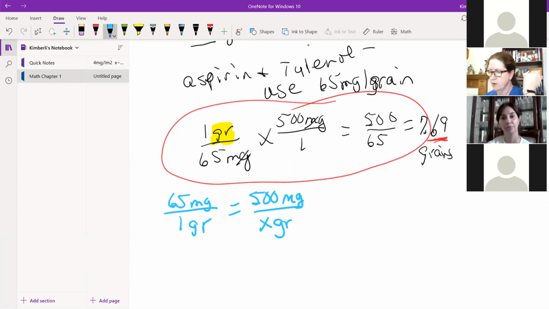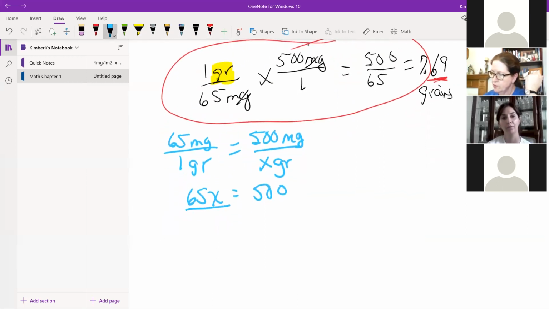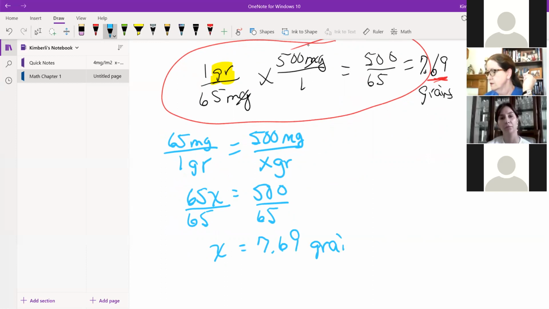GR, because that's gram if you don't put the R. Then I would have 65X equals 500. And then I would divide both sides by 65. And I would get X equals 7.69, whatever the rest of it is, grains.